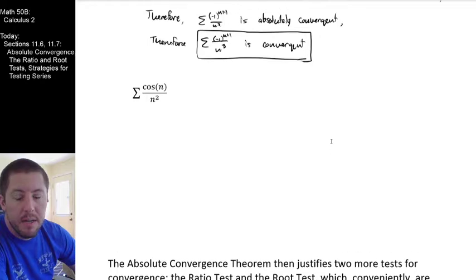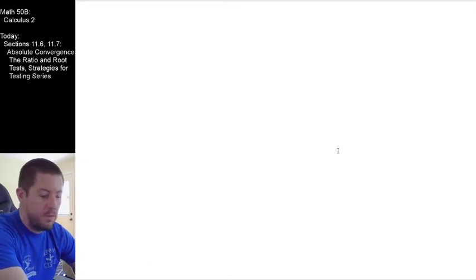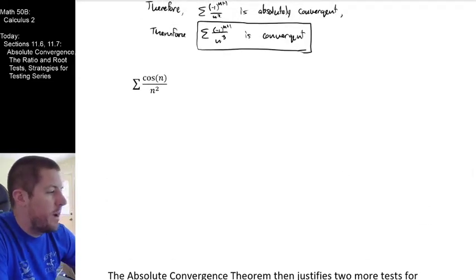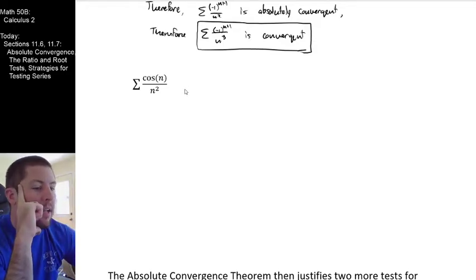So as our next example here, let's look at the cosine of n over n squared. So I'm thinking to myself, this is not an alternating series form, right?